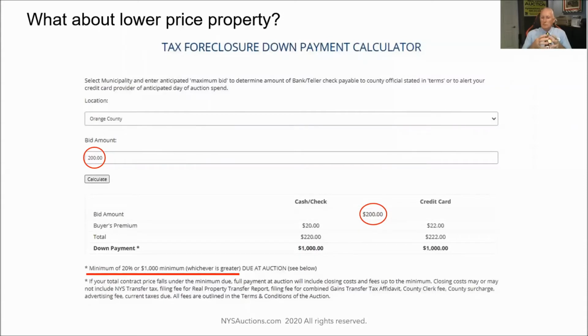You need to be prepared to have $1,000 available. However, bidding 200 means this property may end up being yours with all the closing costs, everything in, for maybe $480, $500. What that really means is that you're going to probably pay for this in full at the auction, or pay for it in full on your credit card. So use the calculator, let it help you figure out what those down payment amounts are.